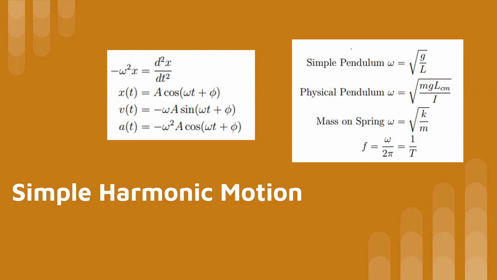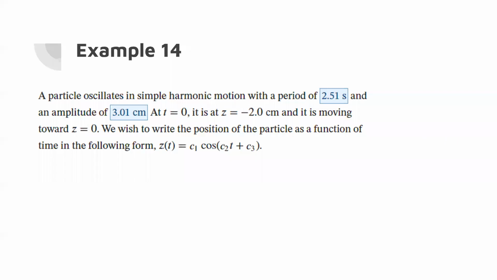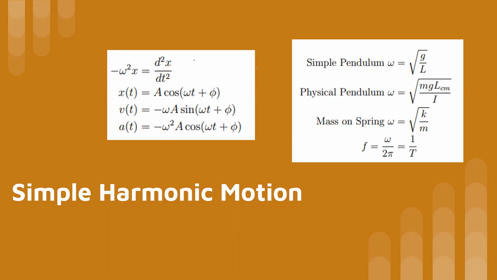And so I wrote down a few things here, and I just want to mention some things briefly. Particularly, I know this looks a little intimidating, but all it's saying is that if we have something times x is equal to the acceleration, that is a condition for harmonic motion. I guess a negative something squared. That's a condition for harmonic motion. So, for example, a lot of times the primary example for simple harmonic motion is a mass on a spring.